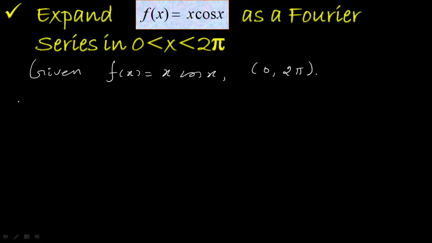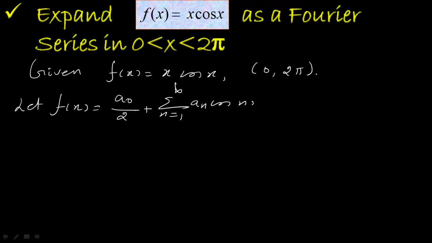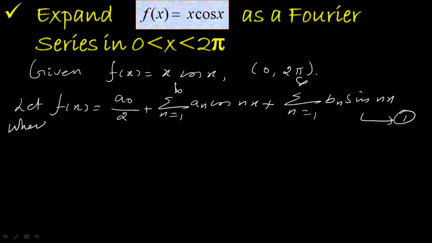So as usual, first write down the general form of the Fourier series. Let f of x equal a0 by 2 plus sigma n equal to 1 to infinity an cos nx plus sigma n equal to 1 to infinity bn sin nx. Take this as equation number 1, where a0 is calculated using the formula 1 by pi integral 0 to 2 pi f of x dx.